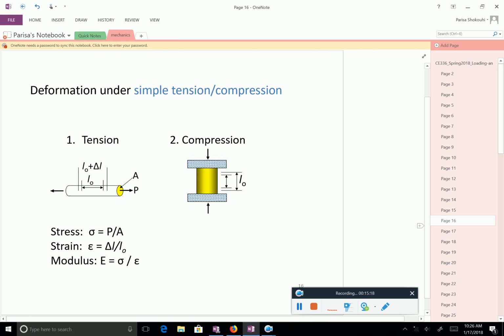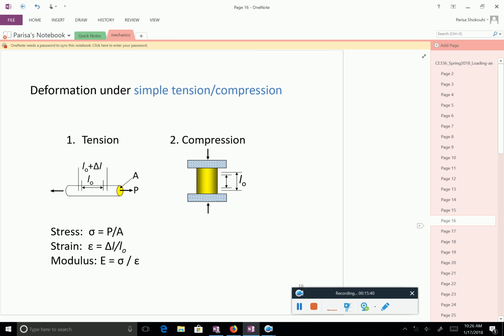Now that the different types of stresses and forces are clear, we move to deformation. So if you have a rod, original length is L0.